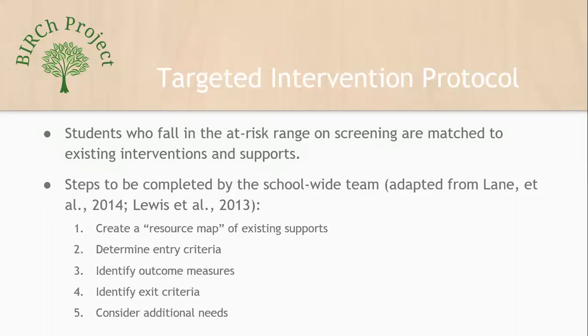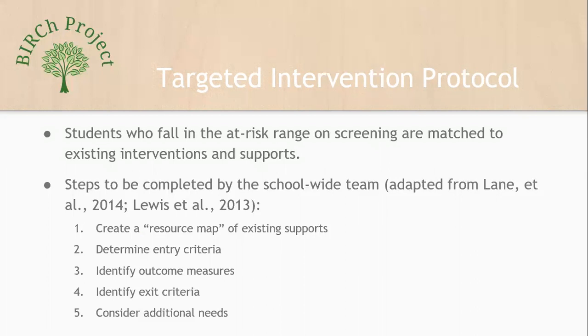In order to do this, we start by creating a resource map of existing supports, which I'll show you in the next slide. But the point is to identify what we already have available to us to help students who need a little bit more than just the universal or tier 1 supports.